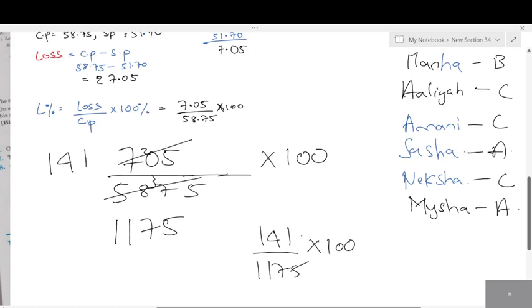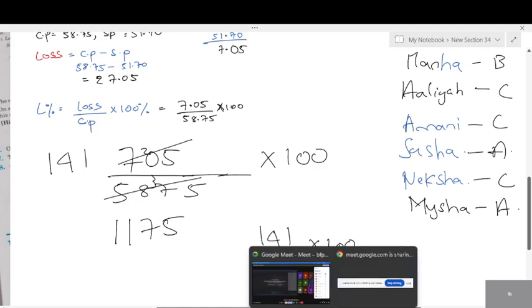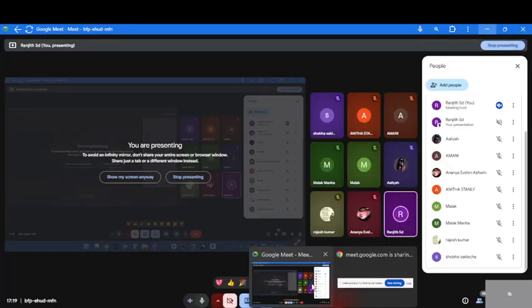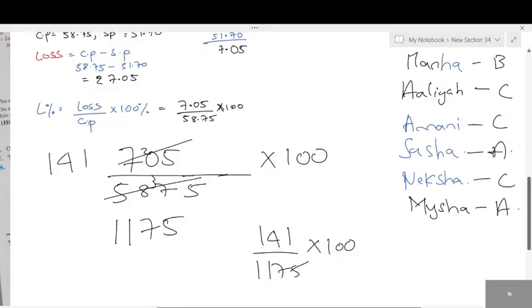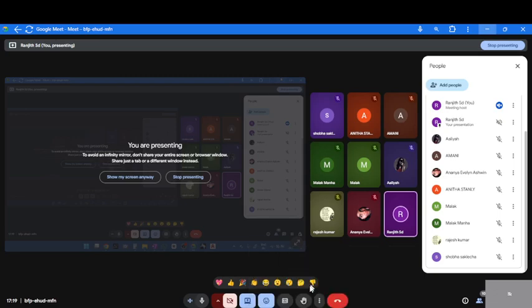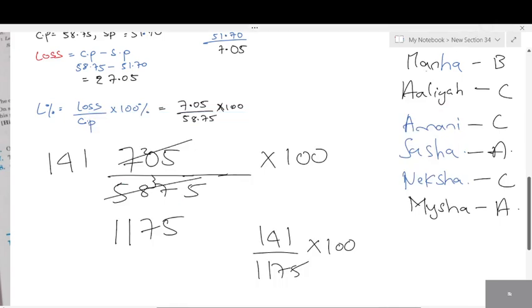Chapter. Let's talk a bit about it later, Ananya. What about the formulas? What is profit, loss? Fine, you just continue. I'll talk to you later.